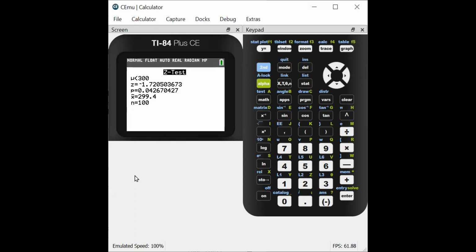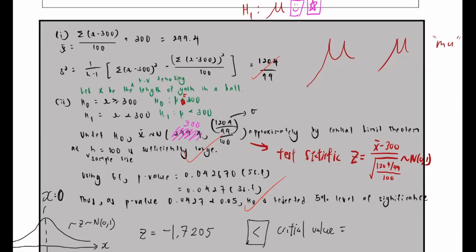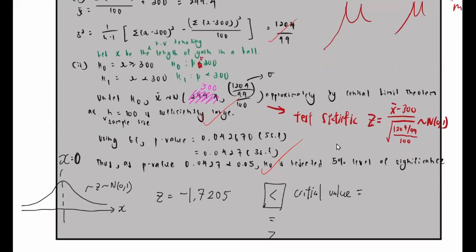Let me copy this down before I change my screen. And then we also have that p value, which you've already written down. Let me change screen back to my iPad. So this negative 1.7205, we can also calculate it manually using the formula over here.